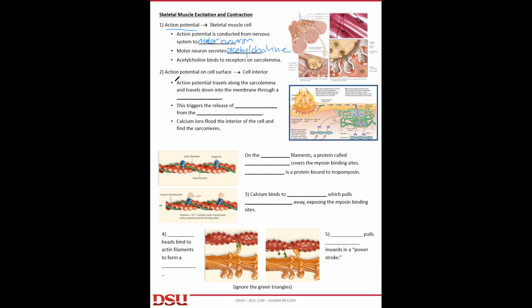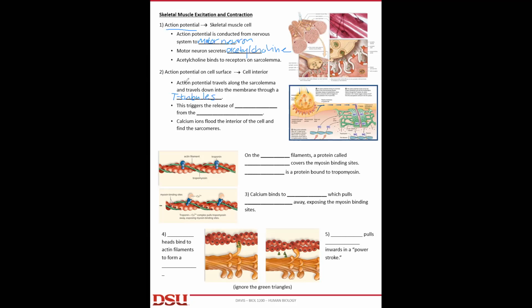Now we've got to get that signal inside the cell. So the action potential travels along the sarcolemma, the muscle membrane, and then travels down into the membrane through our T-tubules. Remember that these are the little invaginations or the little indentations in the membrane.